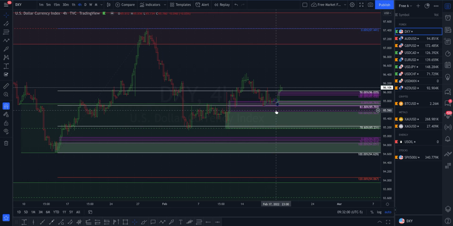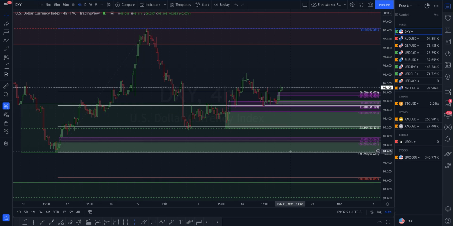We have imbalance at the 61.8% that still needs to be filled. And we have a 4-hour demand zone sitting below that, where the 78.6% is sitting.